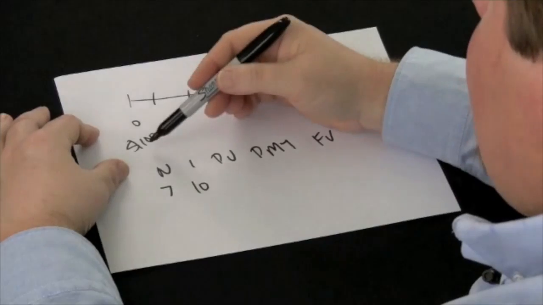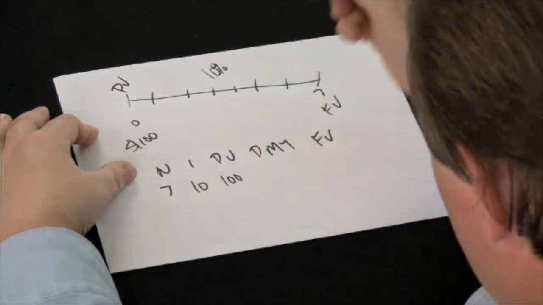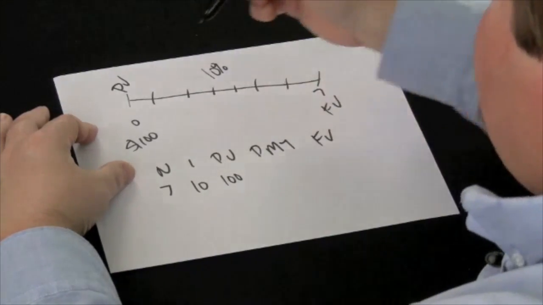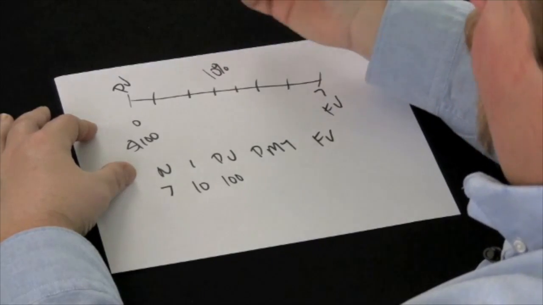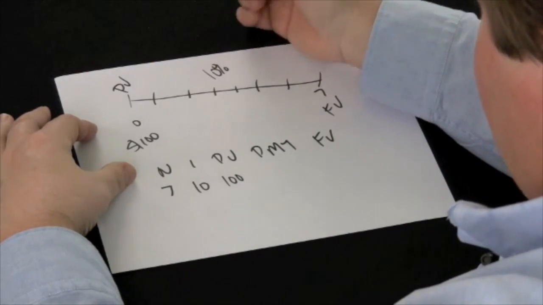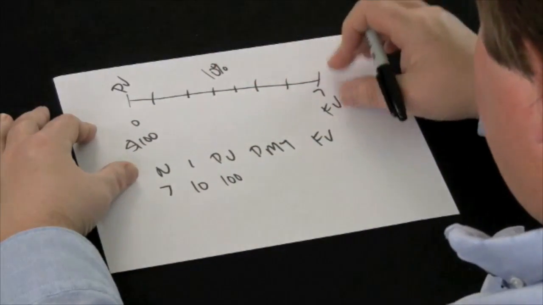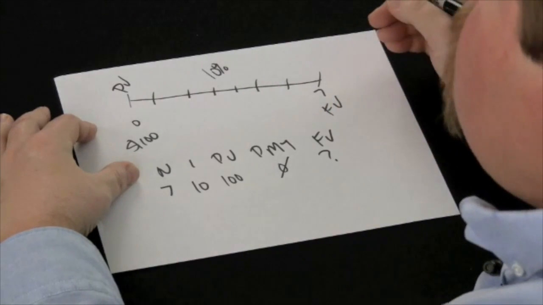We know that the present value is $100. We know the payment key, which we haven't discussed yet. The payment key is if you are adding money every period, or if you were paying off your balance every month or every period. So in this case, we're just putting $100 in and leaving it for 7 years, so there's no payment. And what we're looking for is the future value.